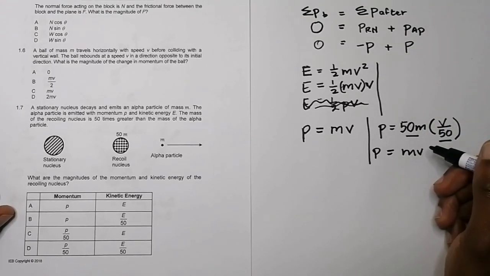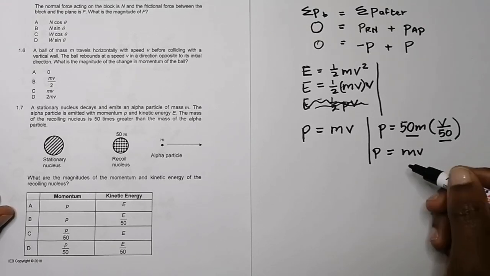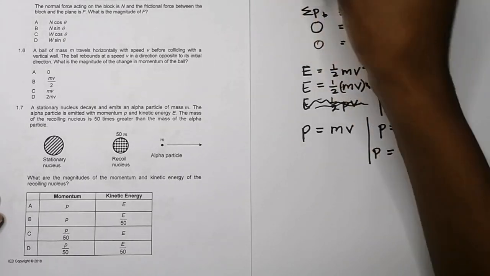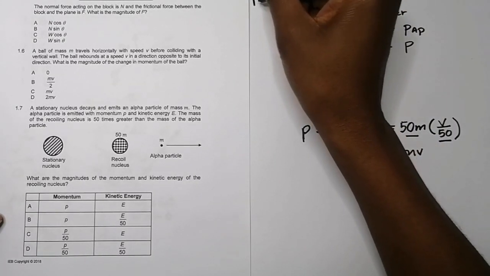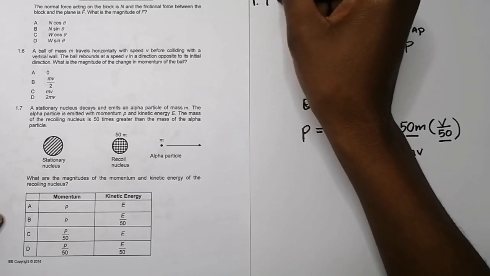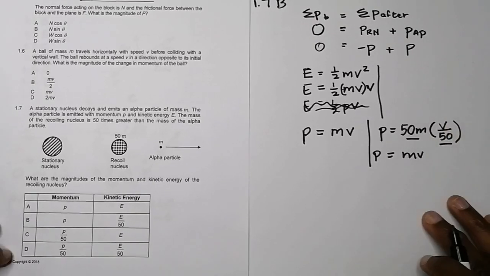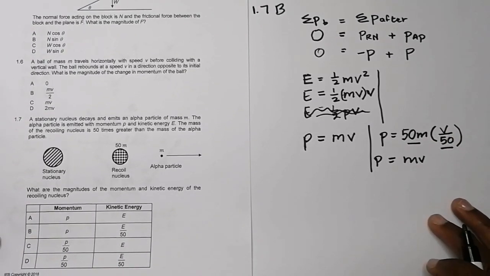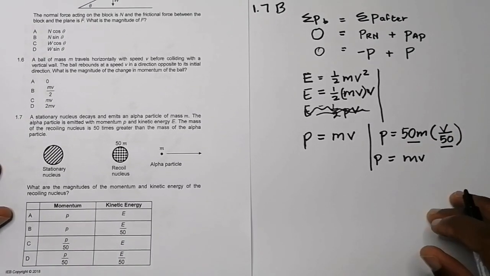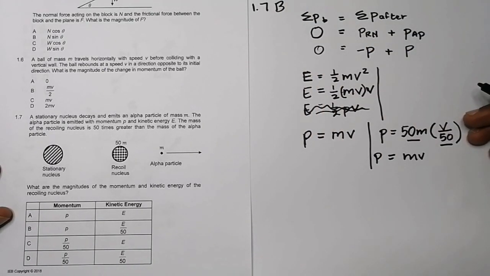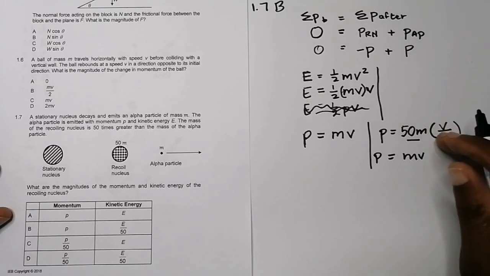As a result, the kinetic energy should also be 50 times smaller. So for 1.7, I would go with B as my final answer. Sorry about that, I keep trying to move this thing so that I can explain it to you better. So my answer there is 1.7, that should be B.